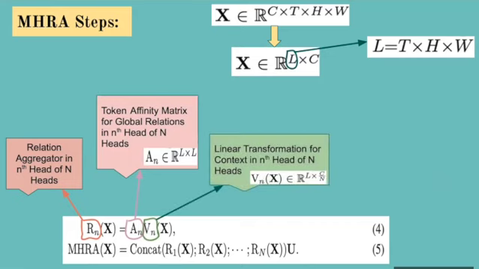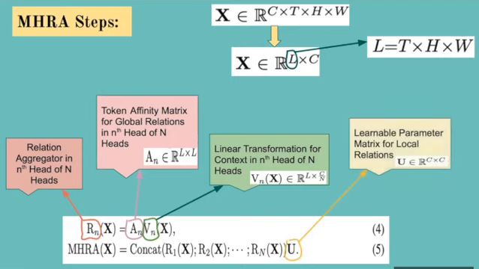Vn is the linear transformation for the nth head, and U here is a learnable parameter which learns local relations. So what is happening here is it takes the input X, then applies a linear transformation, which is V here. Then it multiplies it with the affinity matrix. This is the result for one single head.